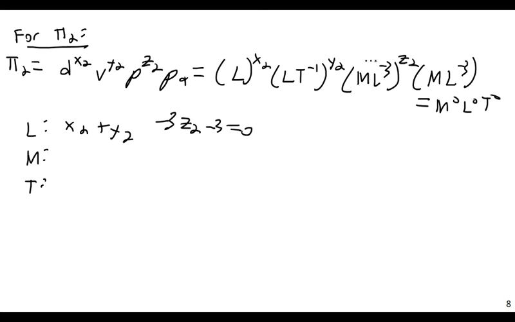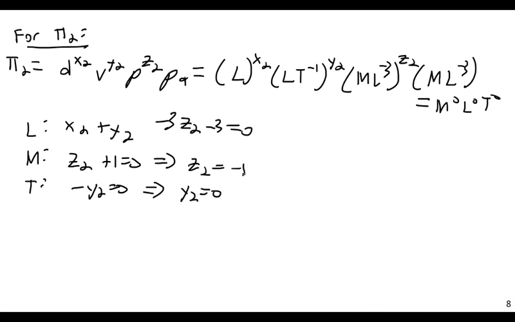For M, I can get that z2 plus 1 is equal to 0. And then for time, I can say negative y2, well, that's just equal to 0. And from this, I get that y2 is equal to 0. From this, I get that z2 is equal to negative 1. And if we substitute these in, I will find that x2 is also equal to 0.